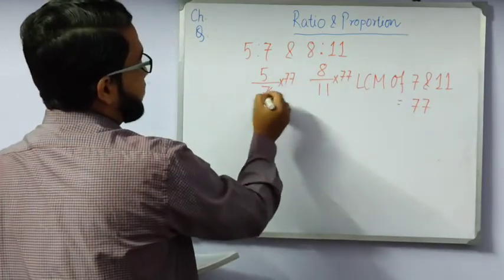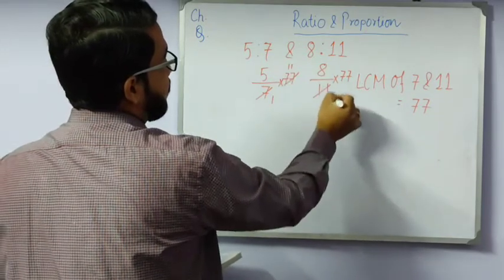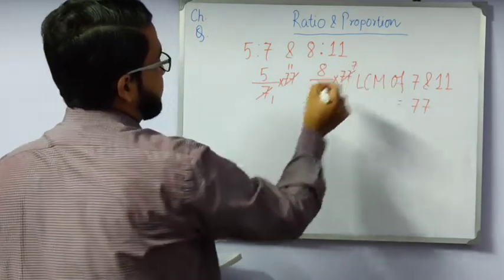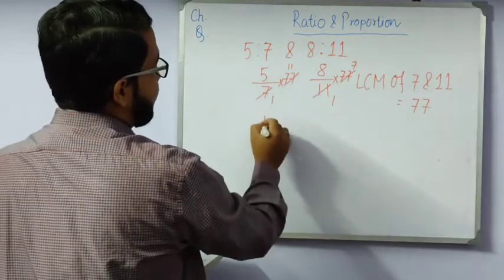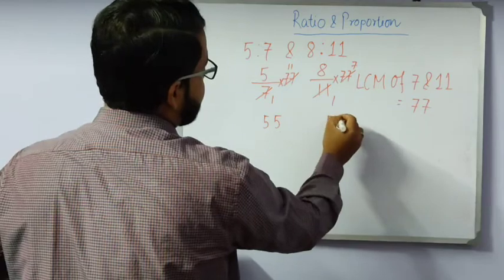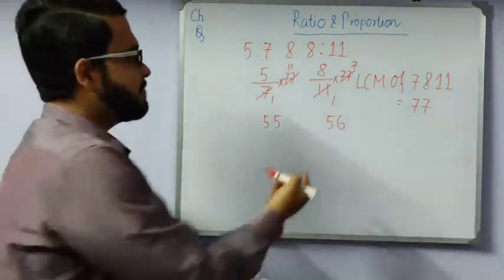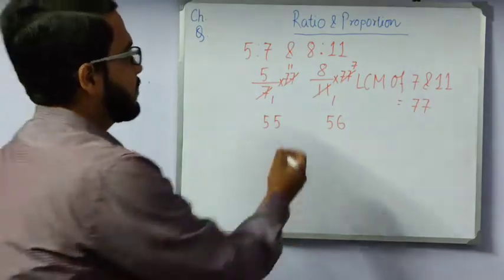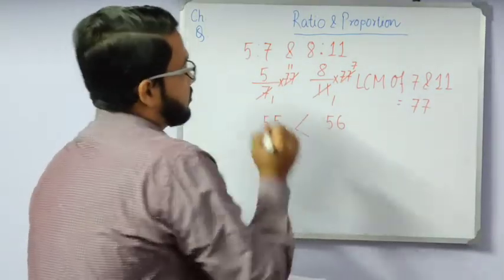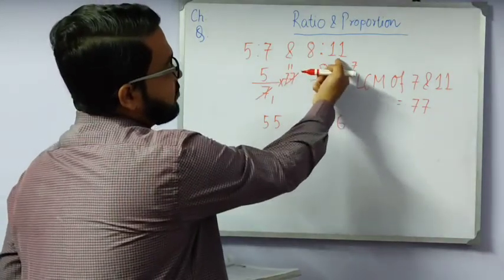We find 11 times 5 means 55, and here it is 56. So 55 and 56, which one is greater? 56 is obviously greater. So we can write 56 means 8:11.